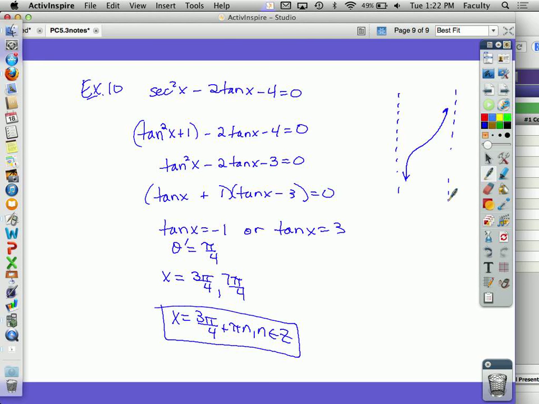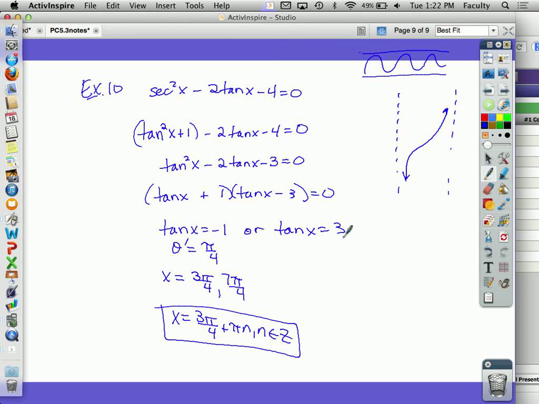But like we saw yesterday with cosine, remember we had cosine x was plus or minus square root 2, and we said, okay, you can't get that for cosine, but that's because cosine oscillated between 1 and negative 1. With tangent, it's going from negative infinity to positive infinity. So it's actually okay to get it to spit out a 3. So I can do this, but it's not unit circled.